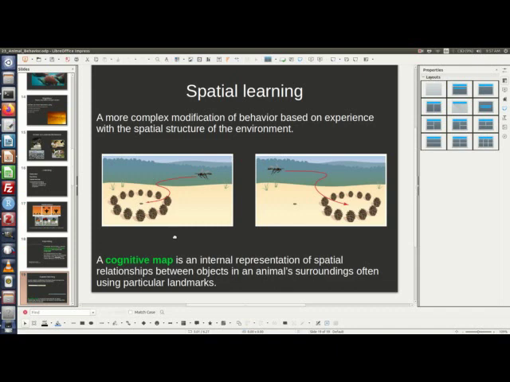So researchers put pine cones and sticks and stuff around the nest of the digger wasp until it got used to it. It built a cognitive map, and then they moved everything a few feet away. Right? It was incapable of finding its nest, and all its young died because it went back to where it had built a cognitive map. Right, so that's spatial learning.